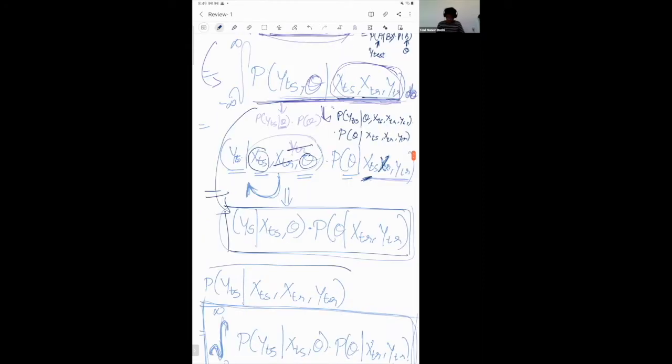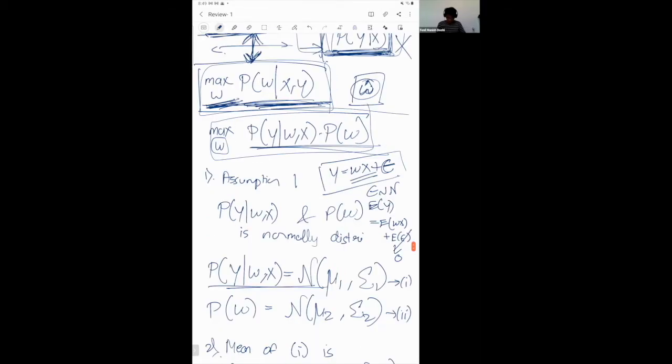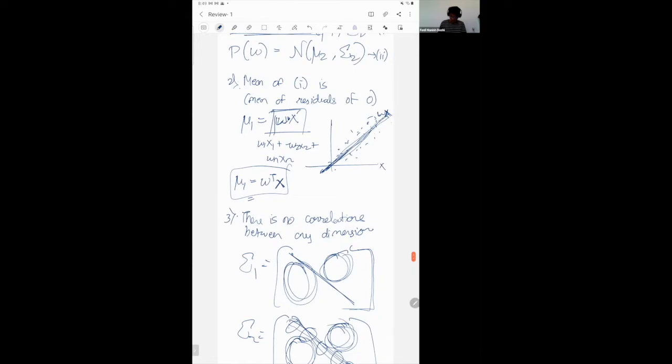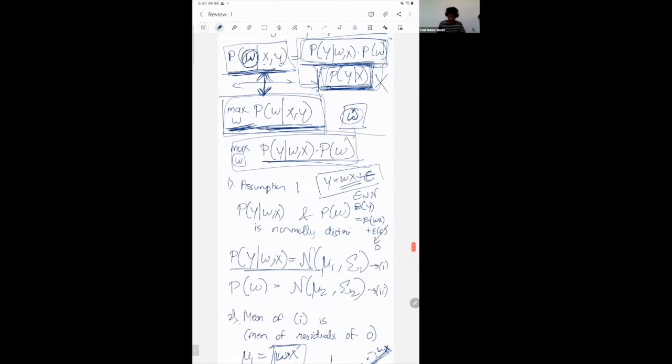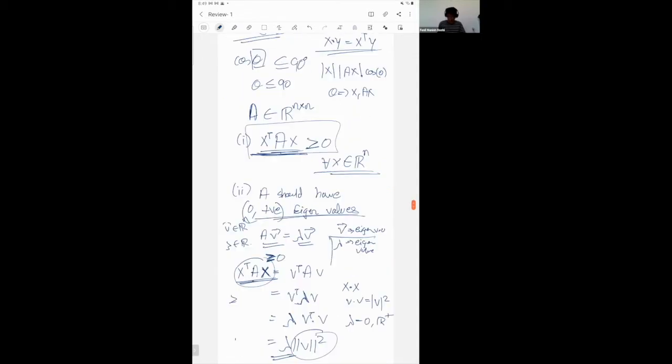And the other doubt, like people asked me, was the intuition for why the mean should be this W transpose X. So the aim of this last example was we wanted to do linear regression, right?